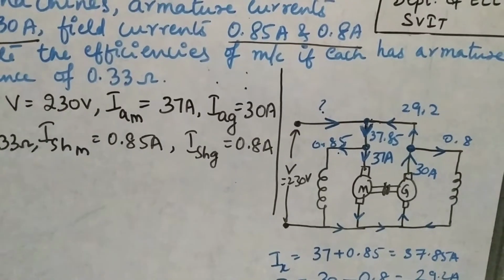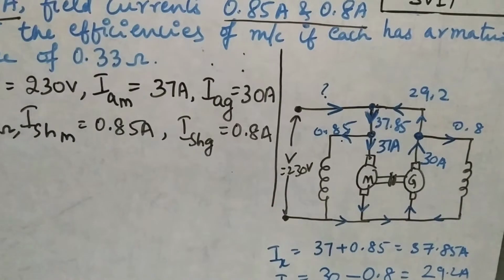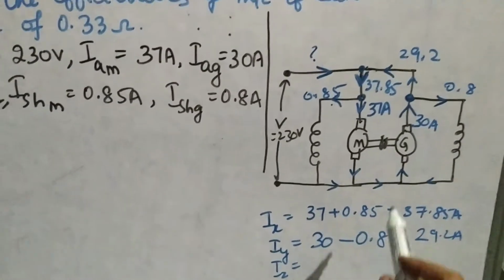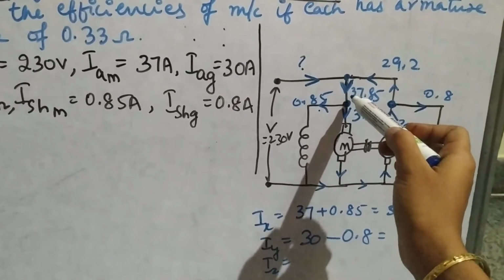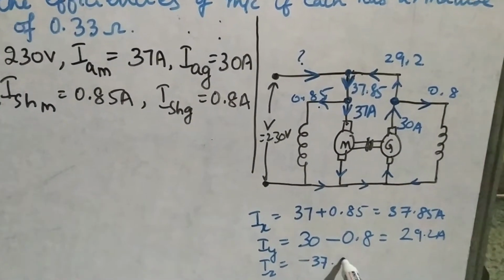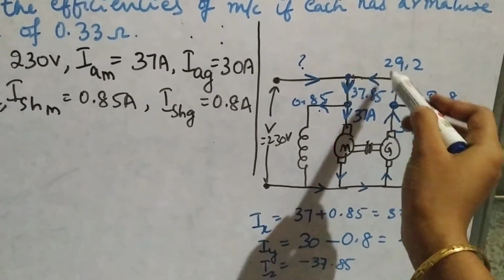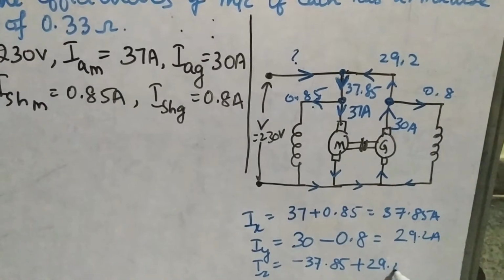Let me take Iz. So here you can observe at this node this current is leaving, so I can take minus 37.85, and this current is entering, so plus 29.2.